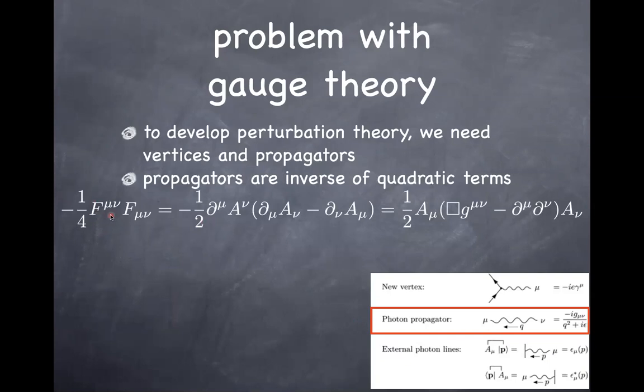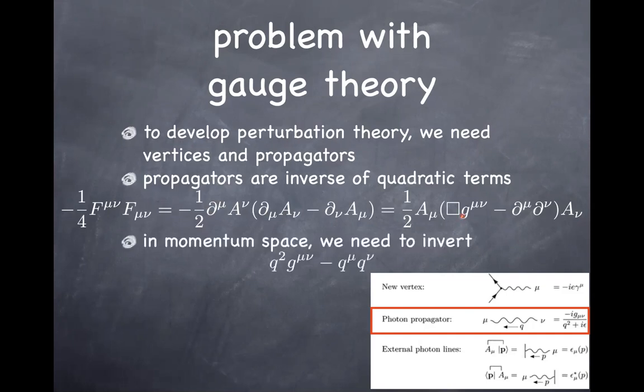If I take F mu nu explicitly as a curl, the curl times curl, you are summing the mu nu indices antisymmetrically, so I can save one of the combinations by changing 1/4 to 1/2. Then if I do the integration by parts to let this derivative act on this side, I can rewrite the Lagrangian this way. And try to take the inverse of this.